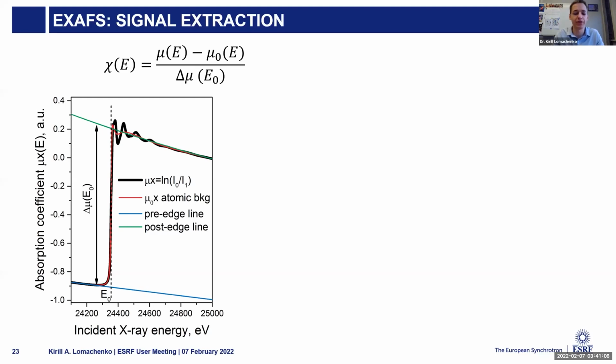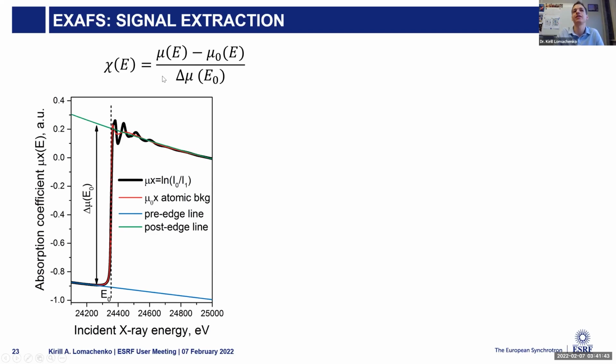So it's not extremely important to be super precise defining zero. It has to be done in a consistent way for all the spectra in the data set, and then it will be fine. By defining the pre-edge line, the post-edge line, and the edge energy, you can calculate the edge jump, which is basically the difference between the post-edge line and the pre-edge line at the E0 energy. And this edge jump should be used for normalization.